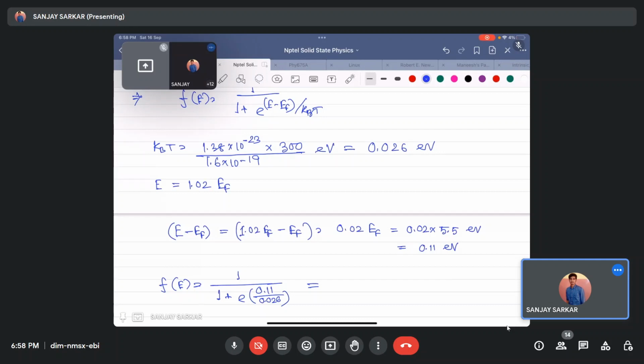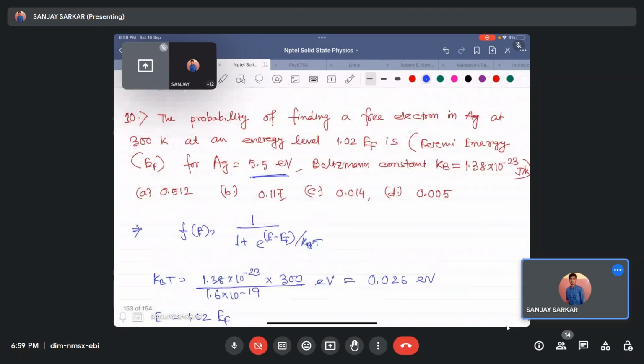Exponential of 0.11 divided by 0.026 is something like 68.77. 1 by 1 plus 68.77, which is equal to 0.014, 0.01433, 0.014.